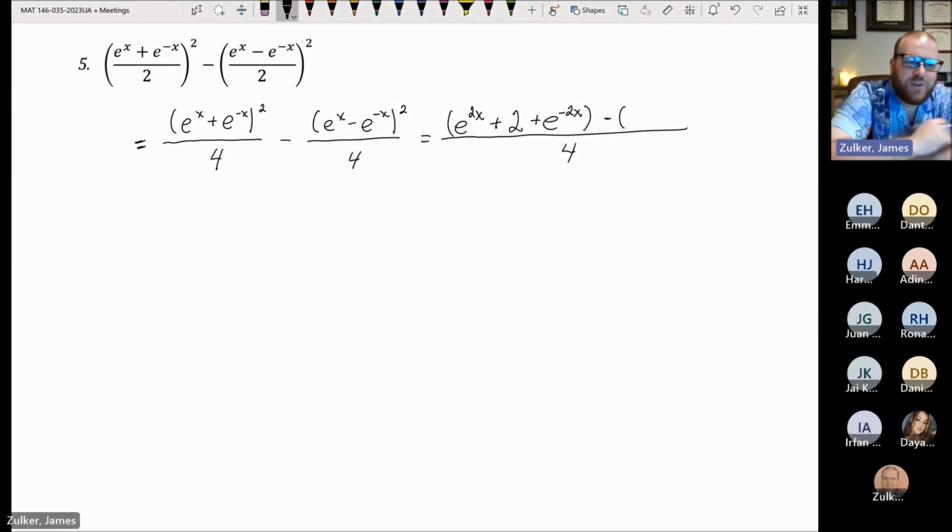You can expand out the second term. e to the 2x minus twice their product. And then plus e to the negative 2x.